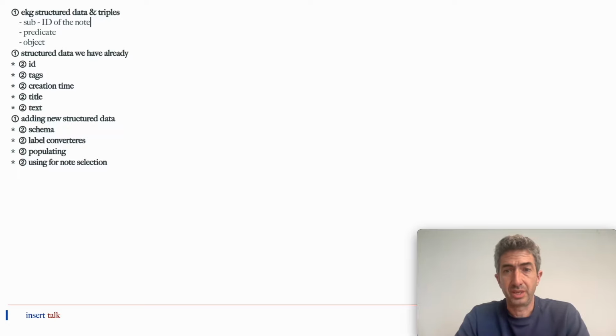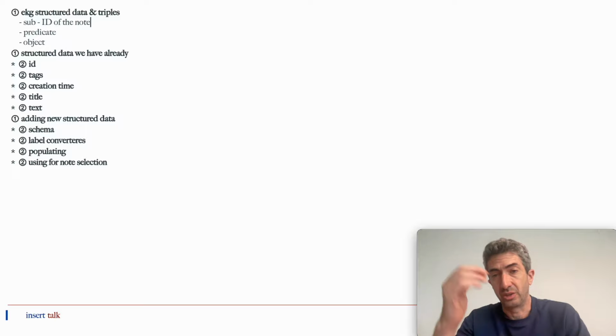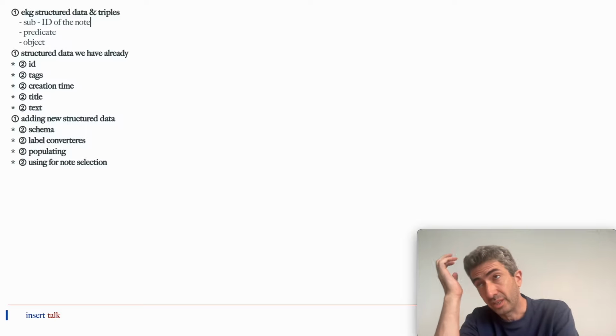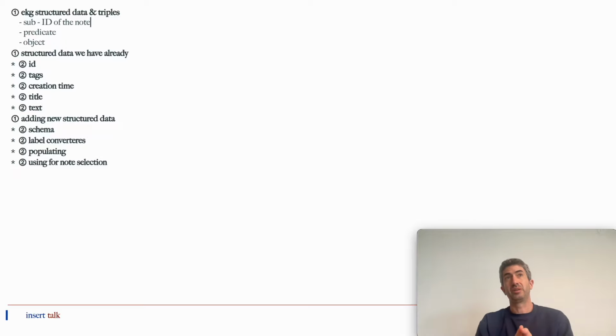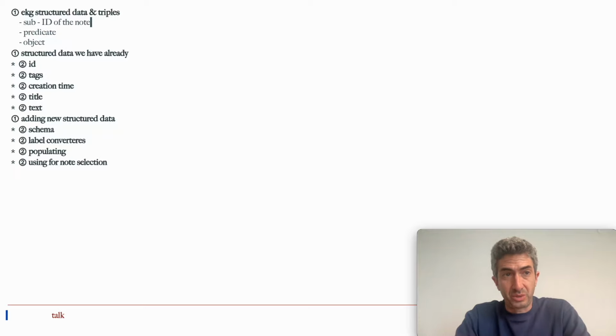But if you're taking a note about a resource, a document like a URL, it could be the URL. In that case, the unique thing is the URL, and you're saying this is a note that is adding textual data to this URL. So the ID could be all sorts of things. In EKG, we're limited right now to just numbers and URLs.